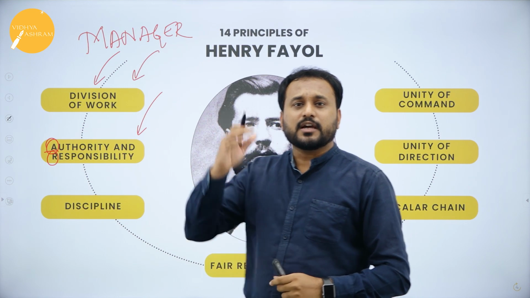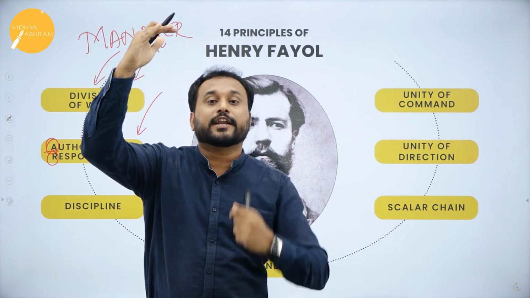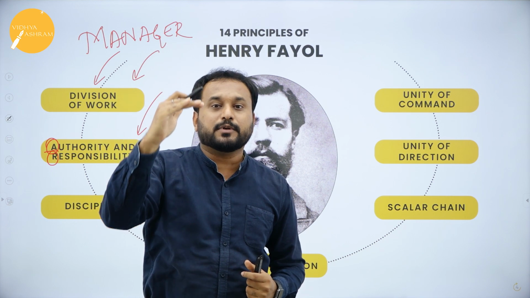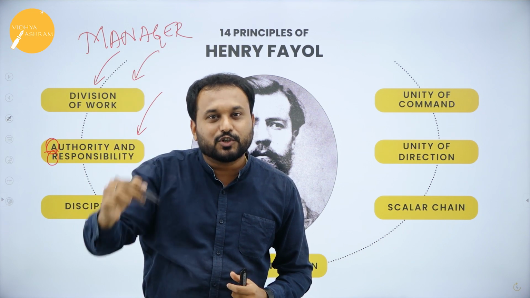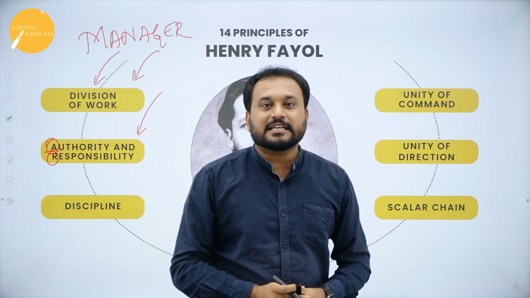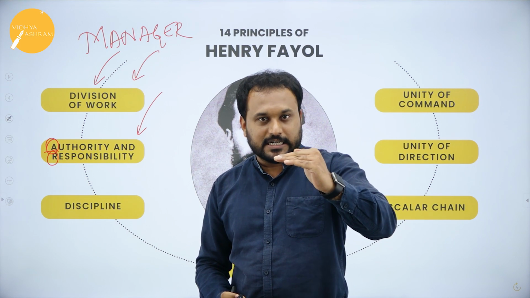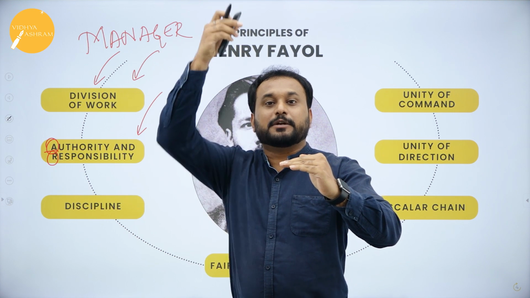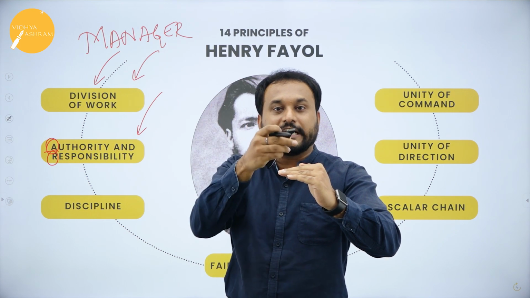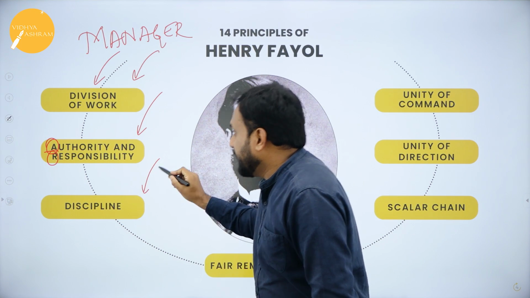That means a person at the top level will have more authority comparatively to a person at the middle level. That's why authority flows from top to bottom, and responsibility is like the supervisor level needing to obey what the middle level does, and what the middle level does should be accepted by the top level. That's authority and responsibility.